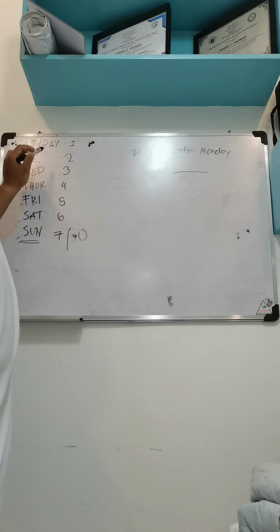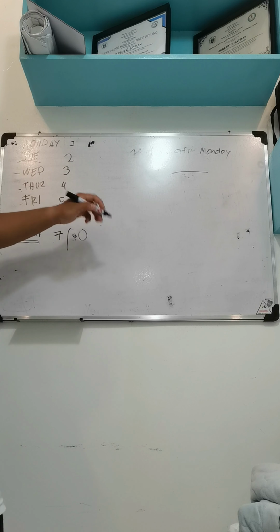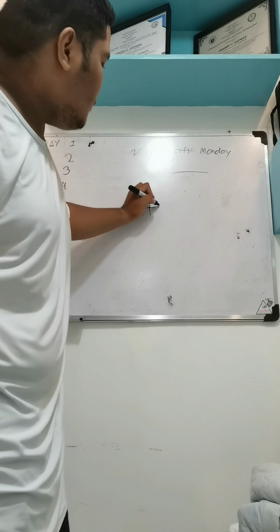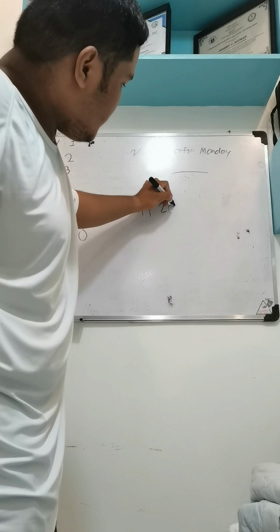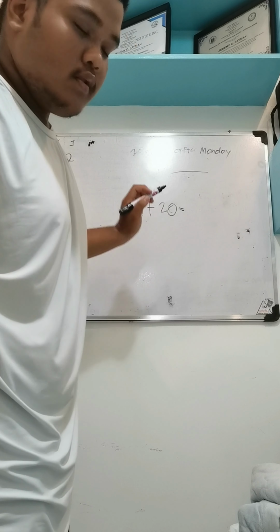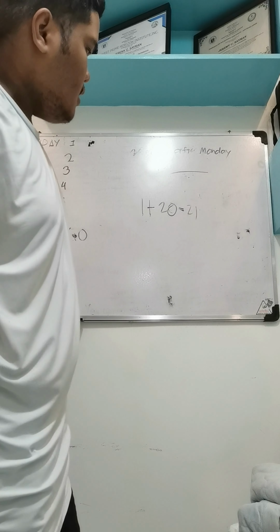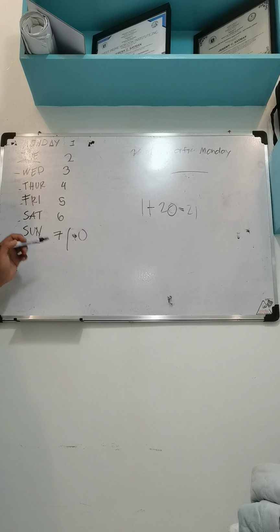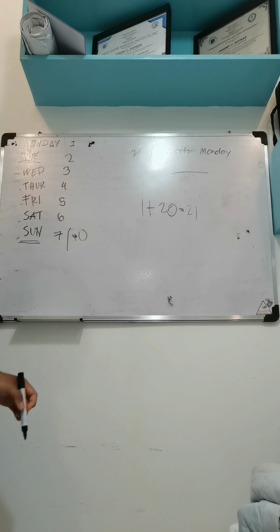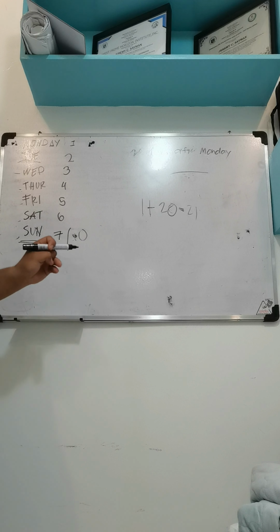For example, Monday is 1. Let's say 1 plus 20 equals 21. And how are we gonna know whether it is Monday, Tuesday, Wednesday, Thursday, and so on?